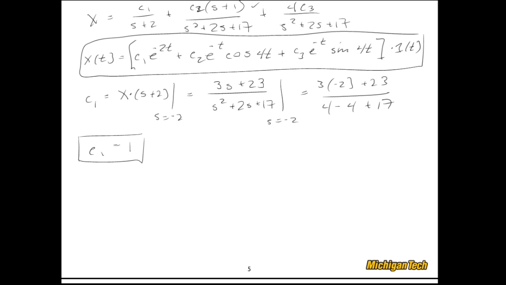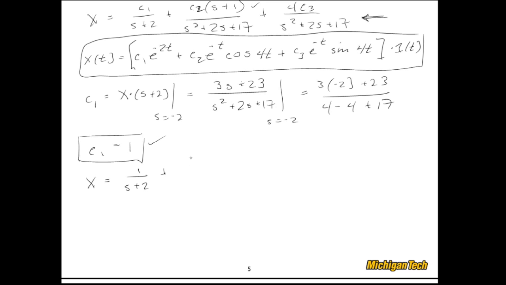Okay. Now to get C2 and C3, one way to do it is to plug this back into the original partial fraction expansion that we have up here, get a common denominator, and then equate like powers of s between this expression that has the C2 and C3 in it and our original expression for X of s that has no C2s and C3s. So let's do it. It's a little bit algebra intensive, but just a little bit.